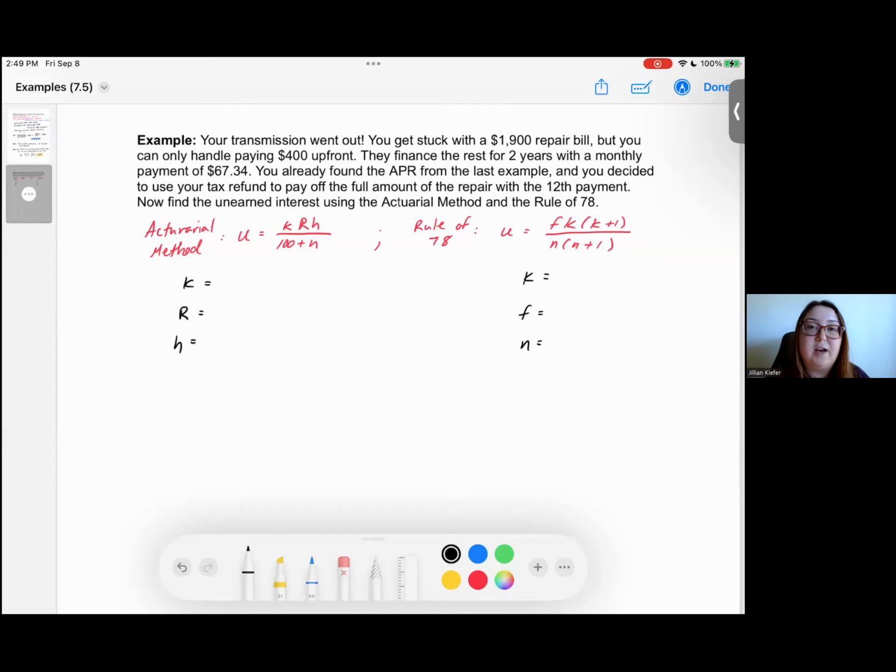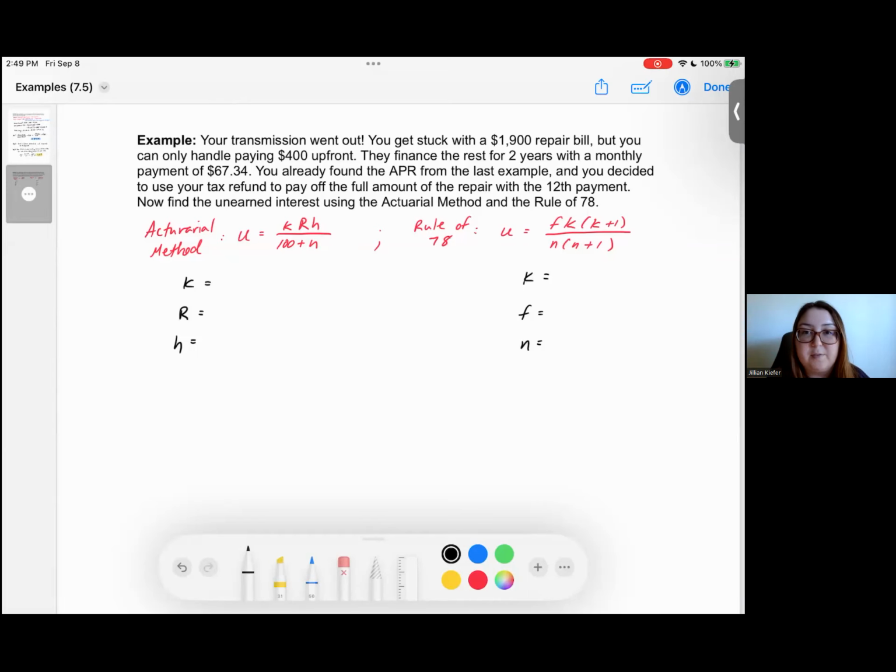And we said that the value of K would be the number of payments that are remaining, not including the current one. In this case, we're told you're using your tax refund to pay off the full amount of the repair with the 12th payment. You had 24 payments.